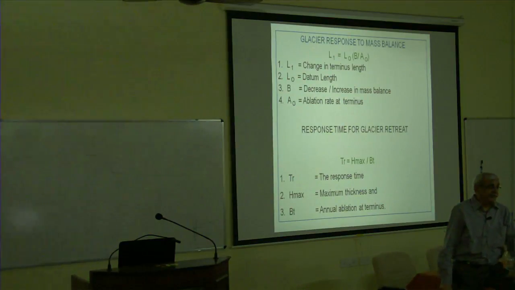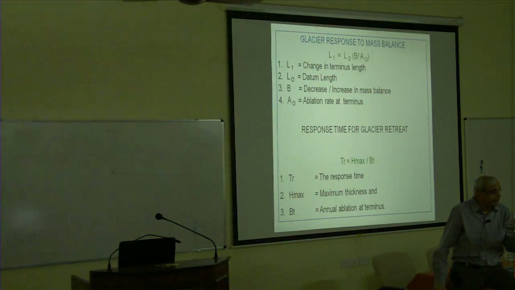A0 is there because it's quite possible that glacier may be losing its mass, and enough ice is not pushed into the downstream, but retreat will depend upon the ability of nature to clear snow or ice at the lower altitude.